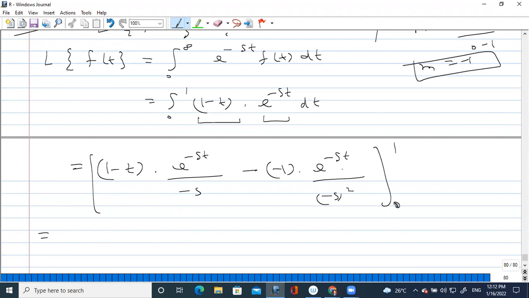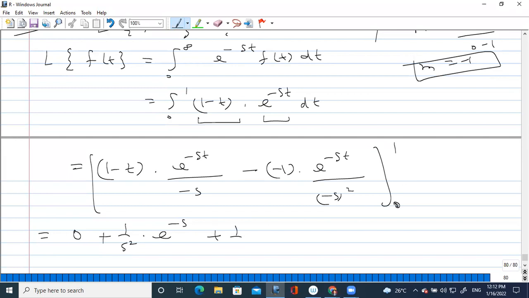So now first you put t equal to 1. So this term will become 0. It will become minus minus plus, and 1 by s square is also there into e to the power minus s. So this is for 1. Now minus, once you put t equal to 0, this will become -1, and again minus s is there.